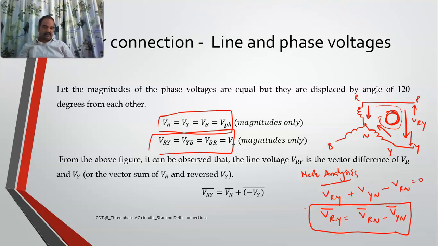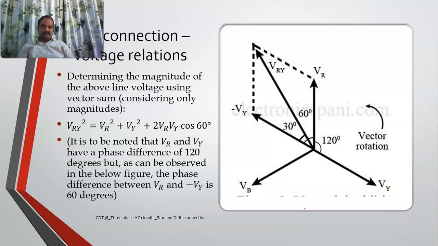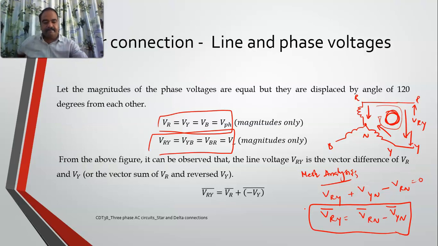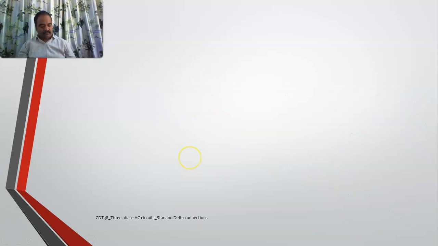Now let's try with the phasor diagram. How to draw the phasor diagram for this one? Let me take an empty figure. VRN, VYN, VBN are the phase voltages, and VRY is VRN minus VYN.